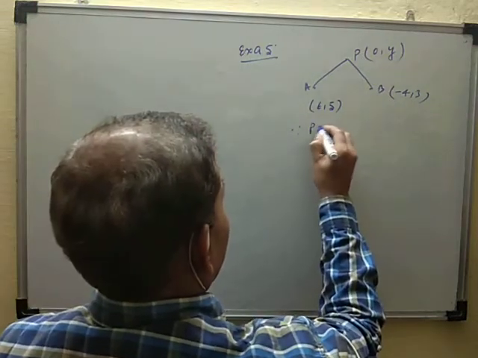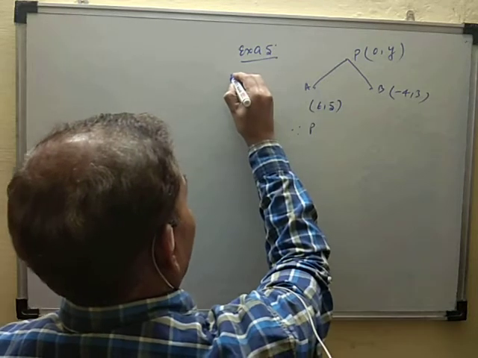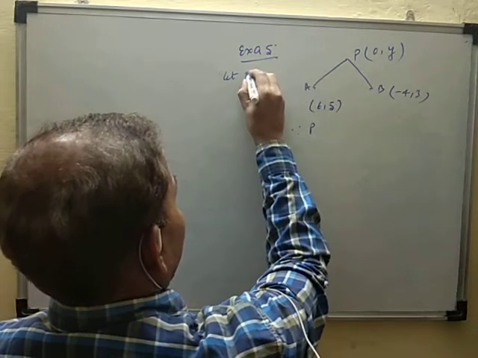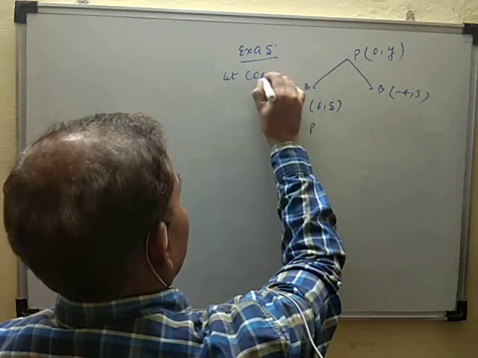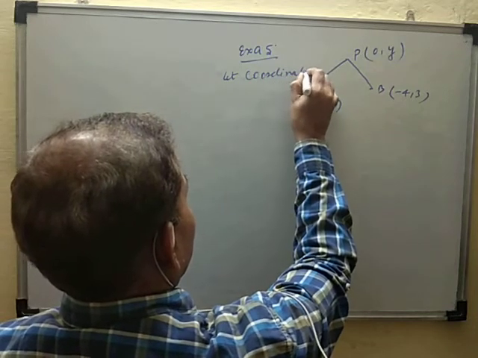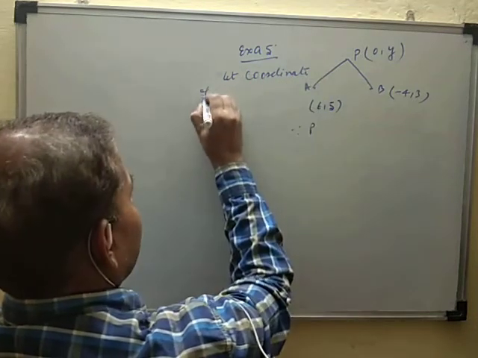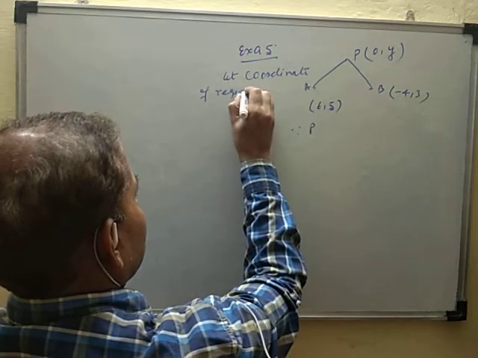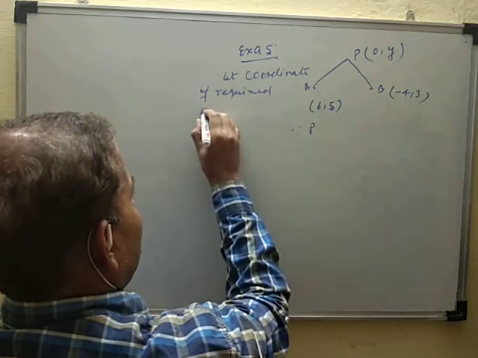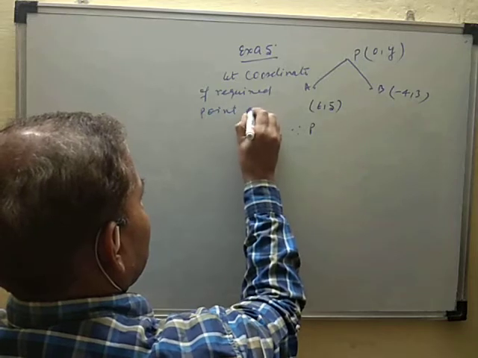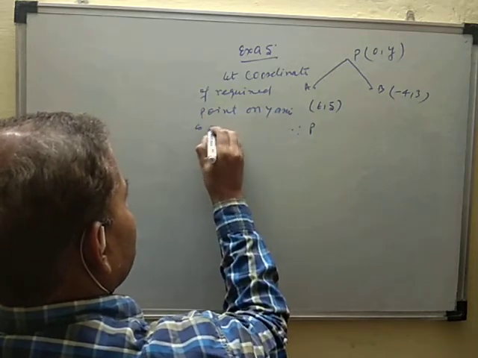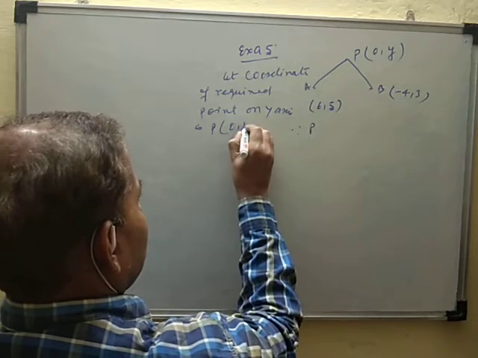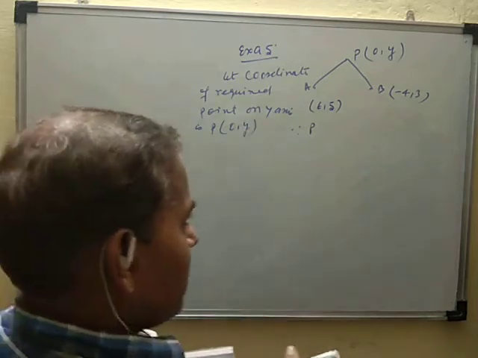So, since the required point is on the y-axis, let the coordinate of the required point on the y-axis be P whose coordinate is (0, y).